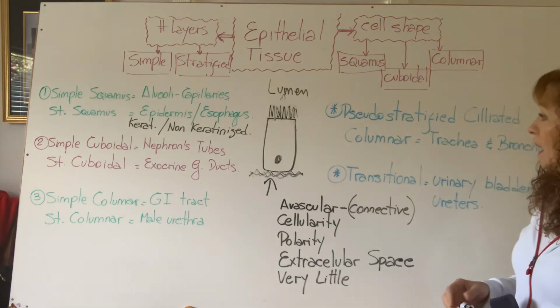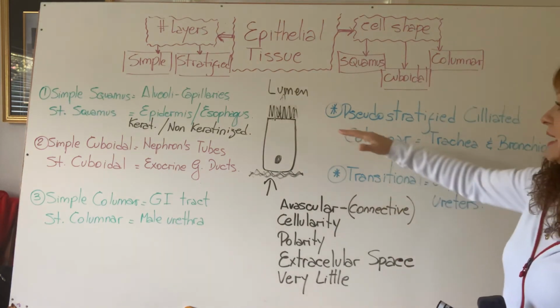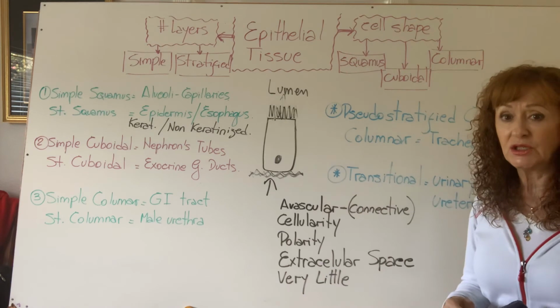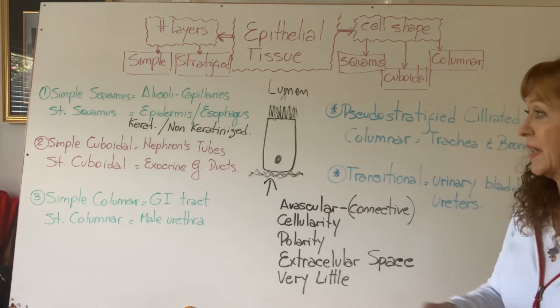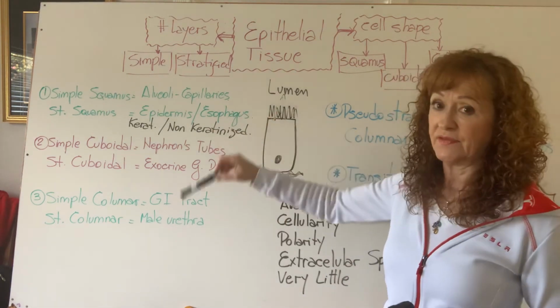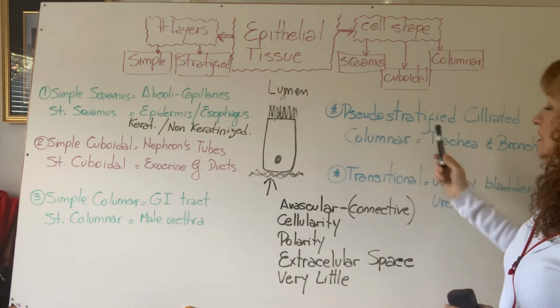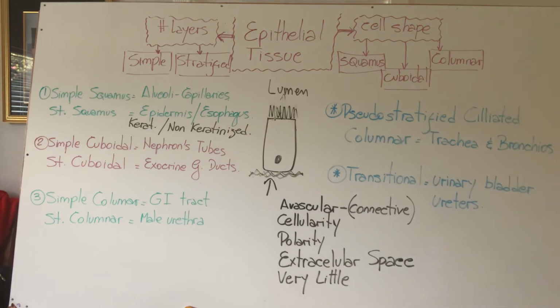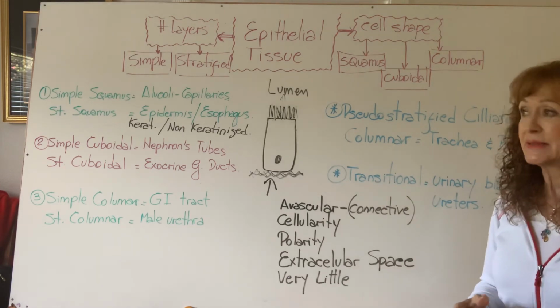Now, I mentioned in the PowerPoint that there are two types of epithelial tissue that cannot be classified in any of those specifically. One of them is the pseudostratified ciliated columnar. Pseudostratified ciliated columnar is a very specific epithelial tissue that has cilia.